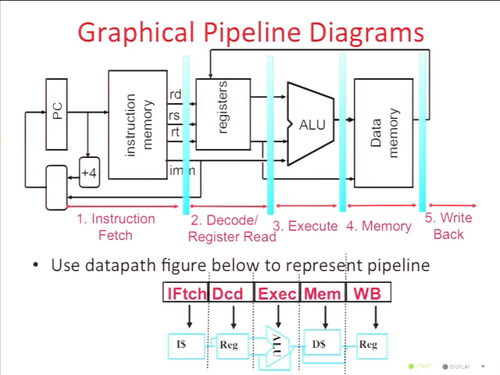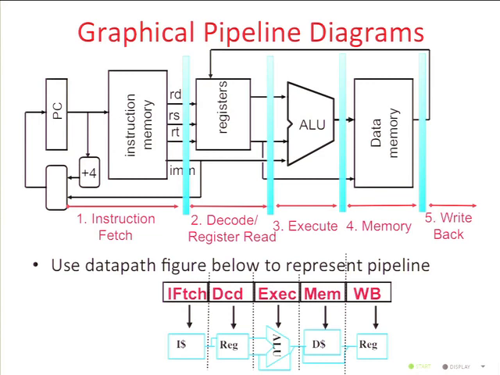Memory, of course, uses the data cache. And then if we're doing a write back, that goes to the register file again. So this is a little bit of a schematic so that when we look at the pipelining, we can see which resource is being used by which instruction. All right, and then we'll see what that looks like here.